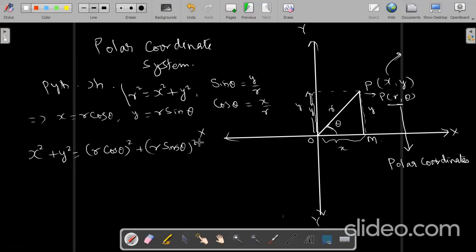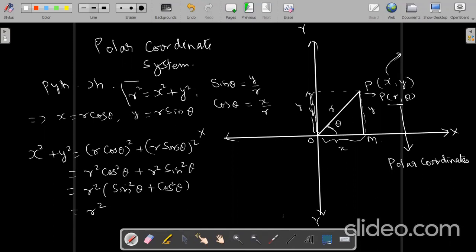On squaring, we get r square cos square theta plus r square sin square theta. If you take r square common, you have sin square theta plus cos square theta. Either you write cos square theta plus sin square theta, or sin square theta plus cos square theta, both are the same. And you know this identity is 1, so we get r square. So we got this result.